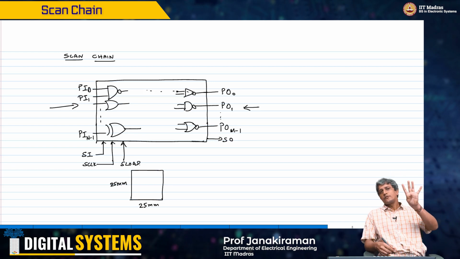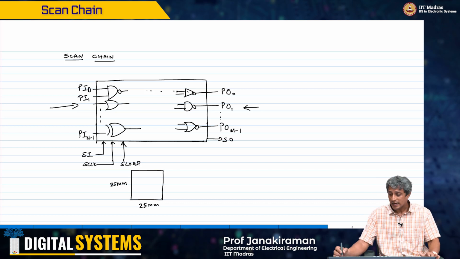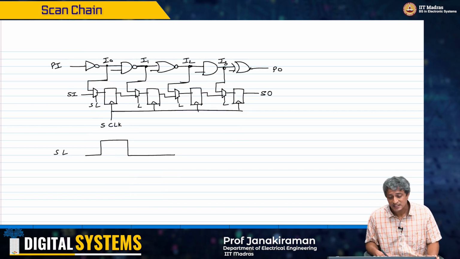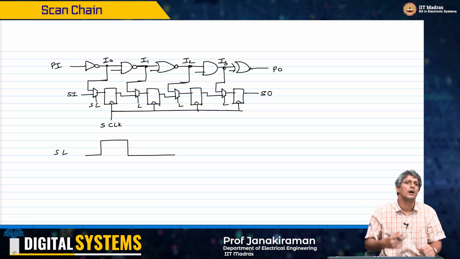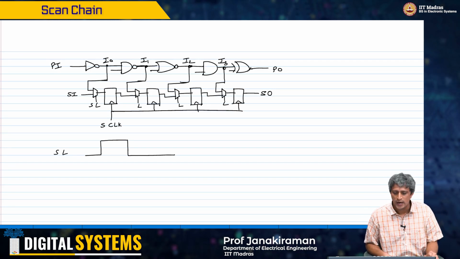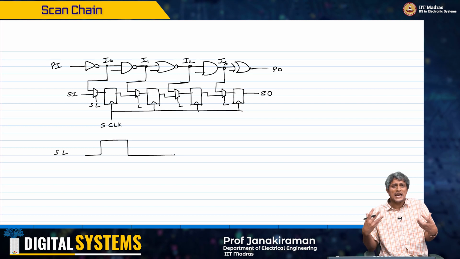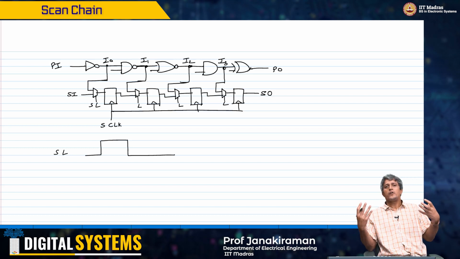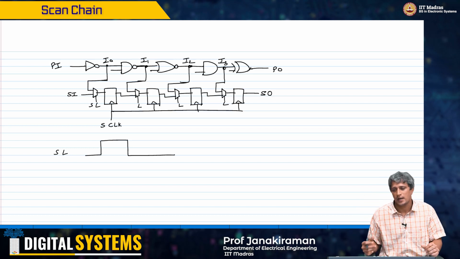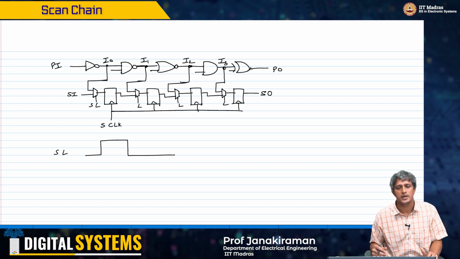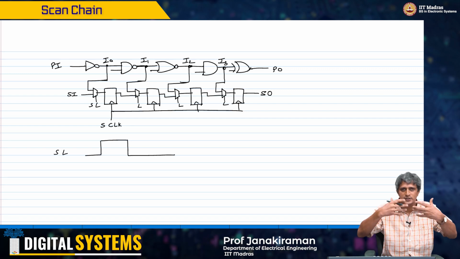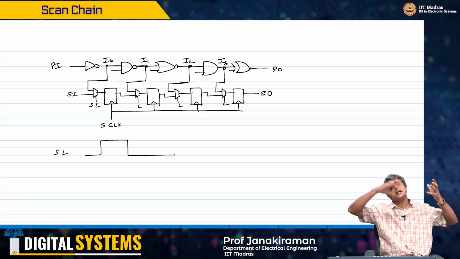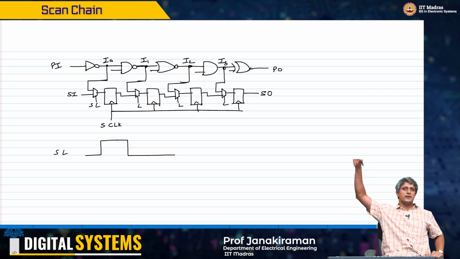If I add these 4 pins, then technically I can get access to any number of nodes inside my circuit, and I can actually verify if all of these are working correctly or not. Now of course the important thing is that when the combinational block is being executed, it will be done at a much higher speed.